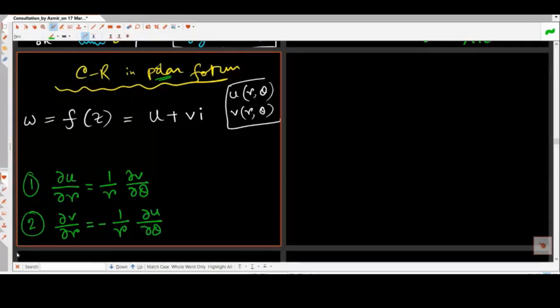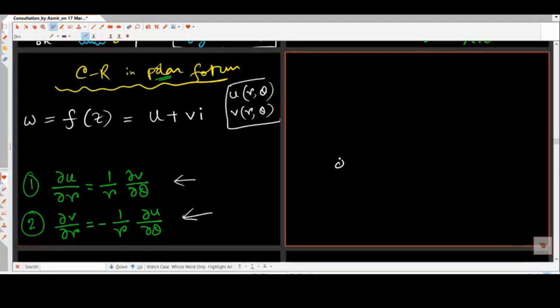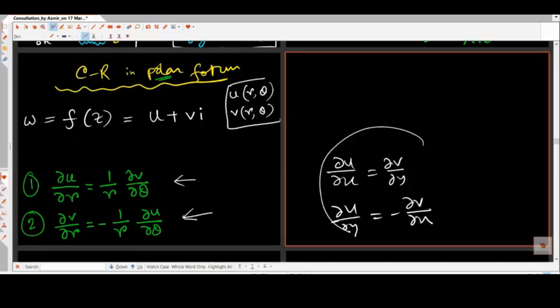So that means again we have the 4 first order partial derivatives. Try to remember the equations that are in polar form. In rectangular form we had du dx equals dv dy, du dy equals negative dv dx. So this is Cauchy-Riemann equation in rectangular form.